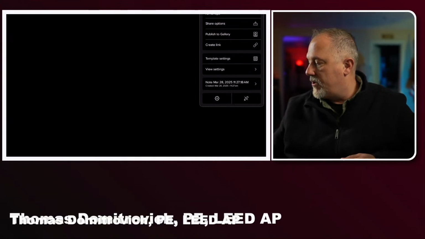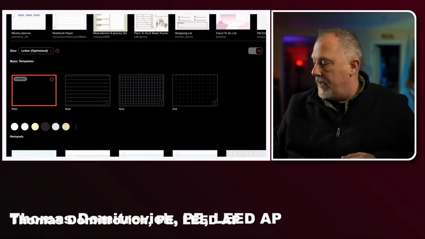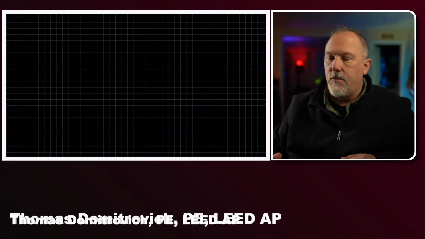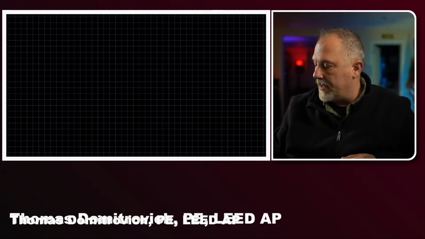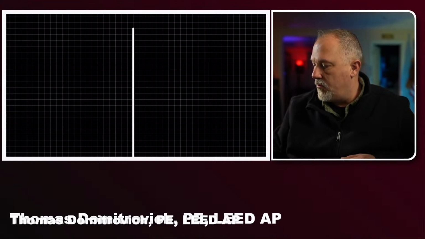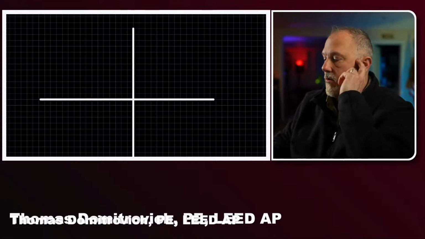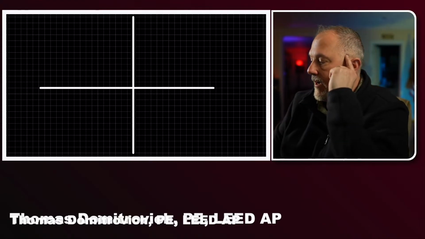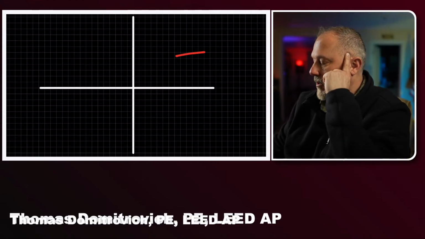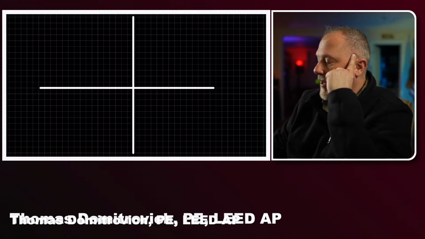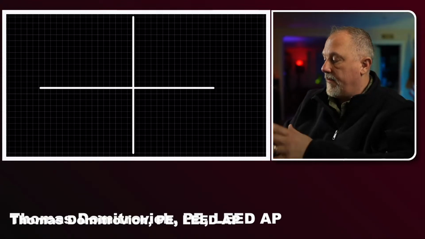I'm going to go to template settings and get us some lines, and I'm going to do a thicker line. So I have an axis. Will red show up? Yeah, red will show up. So I'm going to use red for my vectors.